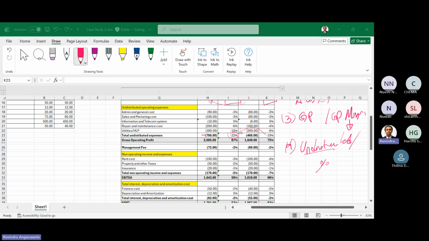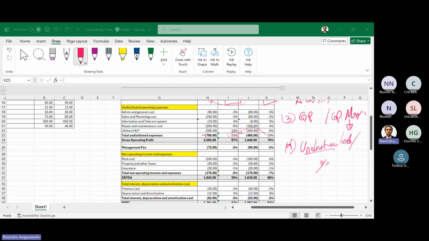your fifth point will be on the gross operating profit. The gross operating profit, of course, in absolute terms has increased, which is good, but you have to comment on the GOP margin that has deteriorated from 75% to 67%. So this is a combined effect of the GP margin dropping and the undistributed expenses moving from 19 to 23%, right?